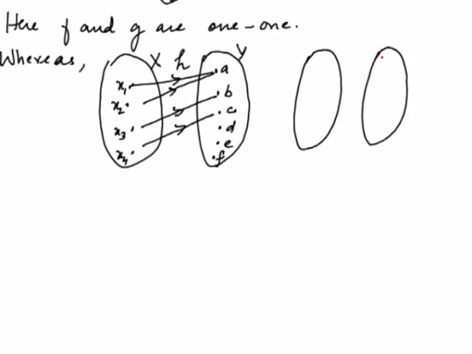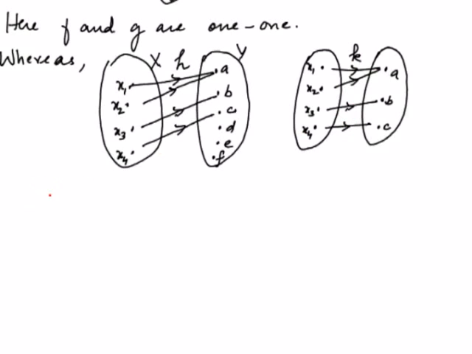Here we see a situation where x1 and x2 are related to a, x3 is related to b and x4 is related to c. We name this relation as h.